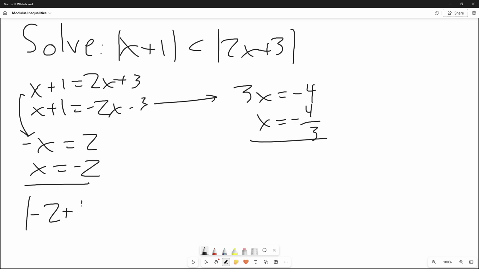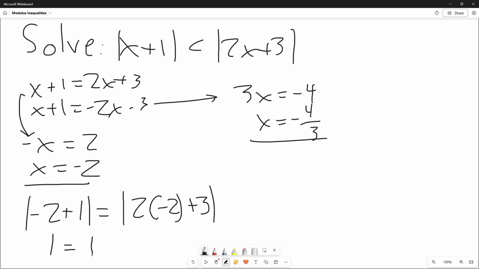Absolute value of negative 2 plus 1 is equal to absolute value of 2 times negative 2 plus 3. And this becomes 1 equals negative 4 plus 3, 1. So yeah, this works. And so x equals negative 2 is a solution. And let's try x is equal to negative 4 thirds next.